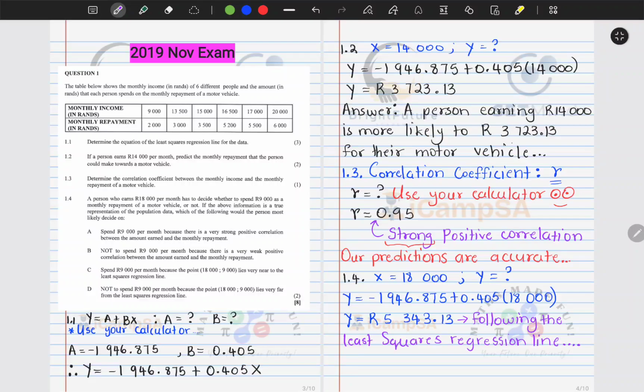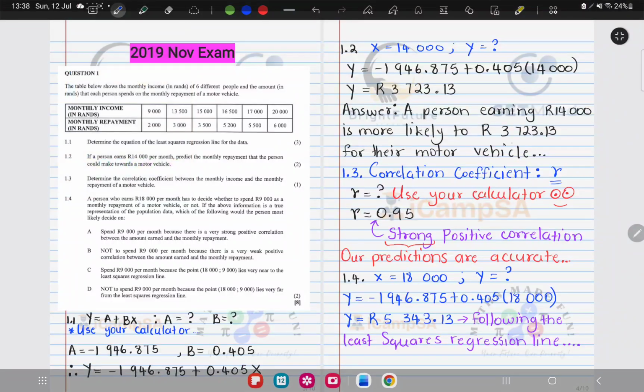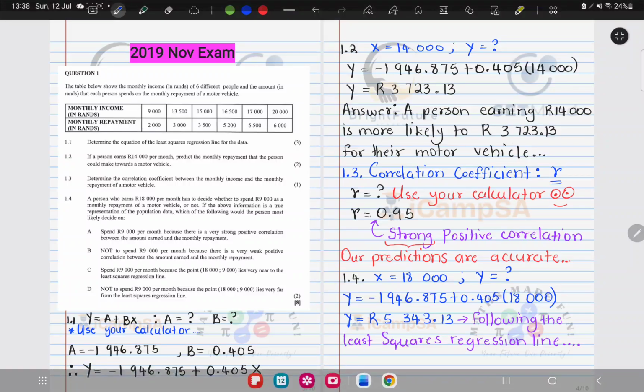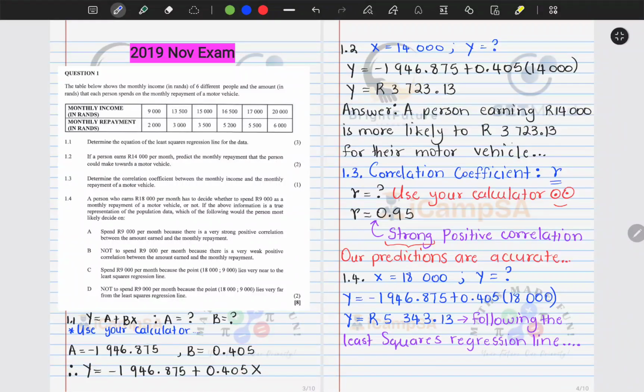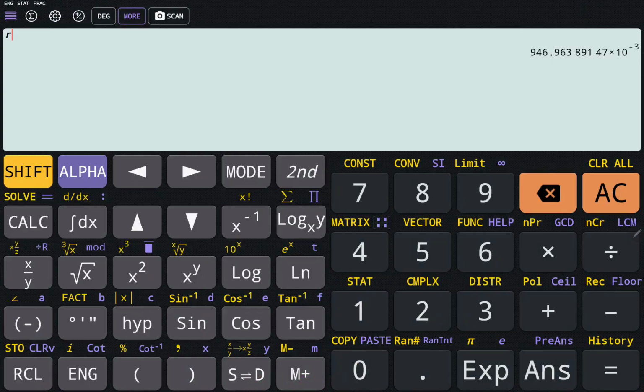Okay. So remember, we found the correlation to be 0.95. Now, I'm going to add a person who's earning 18,000, but they want to pay 9,000, so that you see the effect on the correlation.